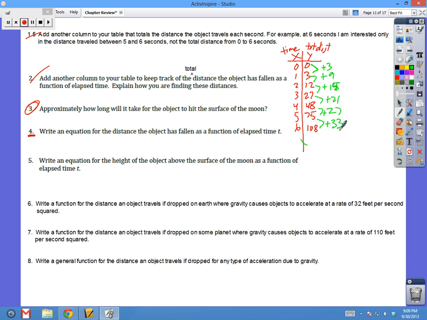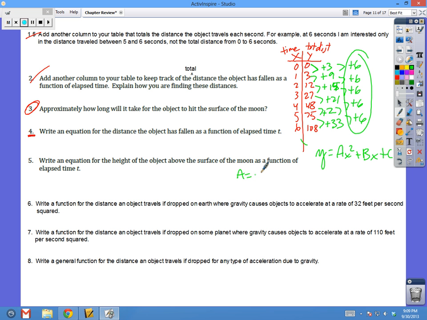Okay. So it's not increasing at a linear rate, so I'm going to break down these differences. The difference between 3 and 9 is up 6. 9 to 15 is up 6, up 6, up 6. Okay, now I know it's quadratic, and because I know it's quadratic, I'm going to follow this form, ax squared plus bx plus c. So it has to be of this form. So I'm going to find a.